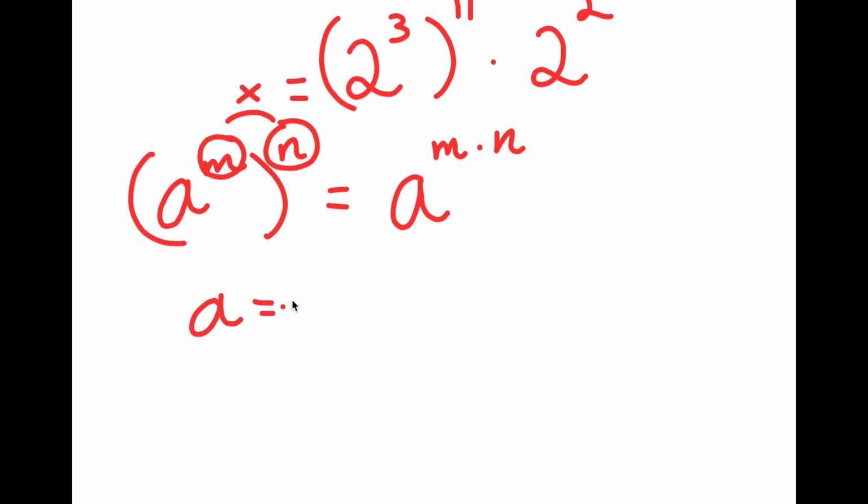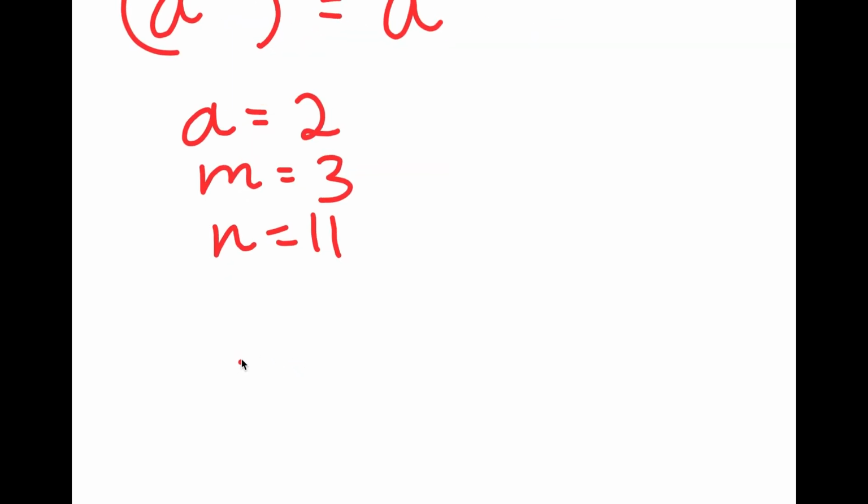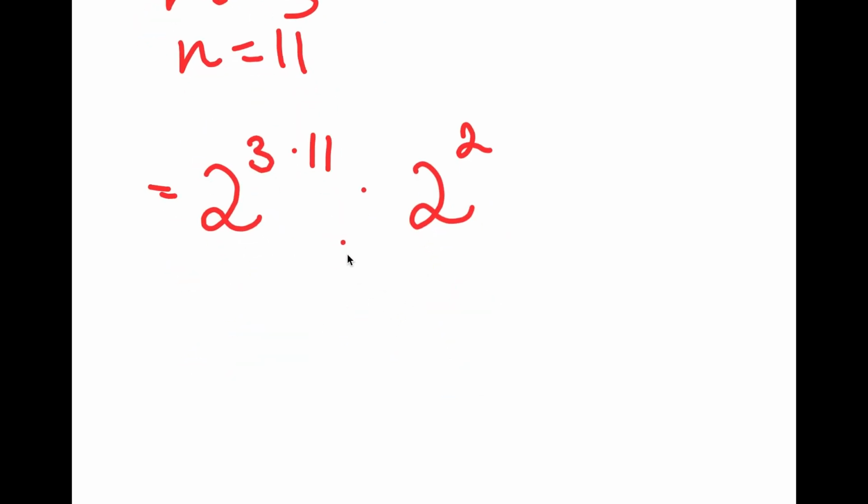I can think of a as 2, m as 3, and n as 11. So now I get 2 to the power of 3 times 11 times 2 squared. And now 3 times 11 is simply equal to 33. So I get 2 to the power of 33 times 2 squared.